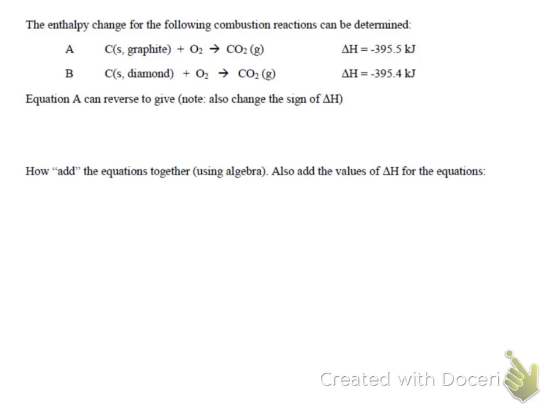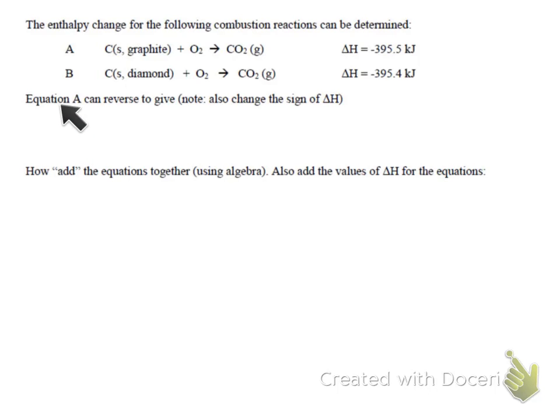So think of these as balanced equations, where we can write the balanced equation and determine the delta H for that equation. Graphite to CO2 and diamond to CO2, its delta H is known. And then using algebra, we can cancel out intermediates and get an overall equation.